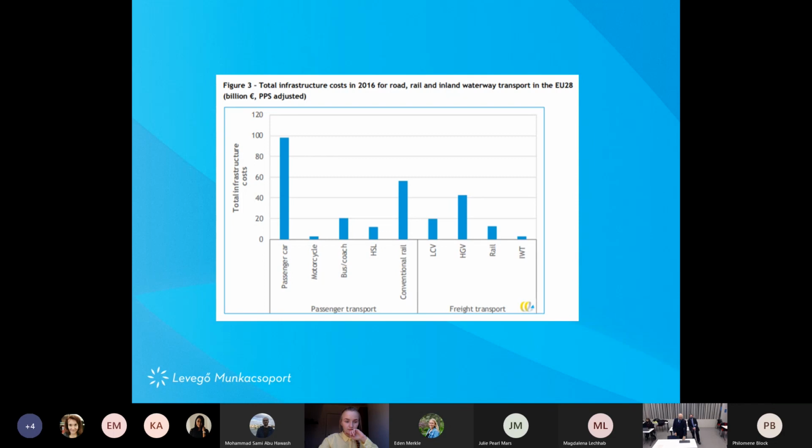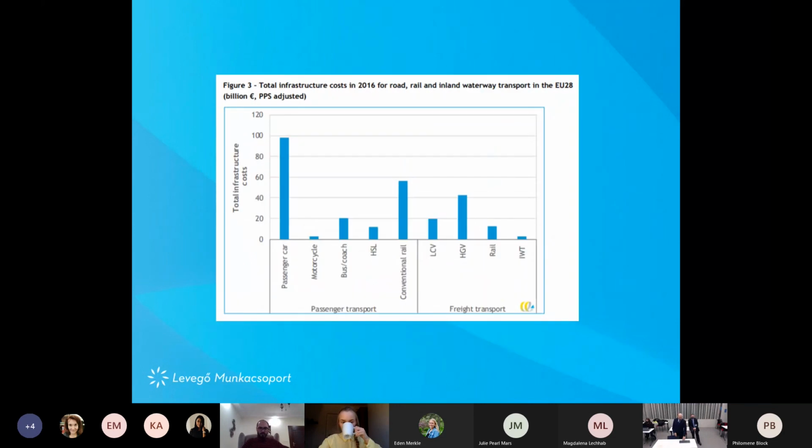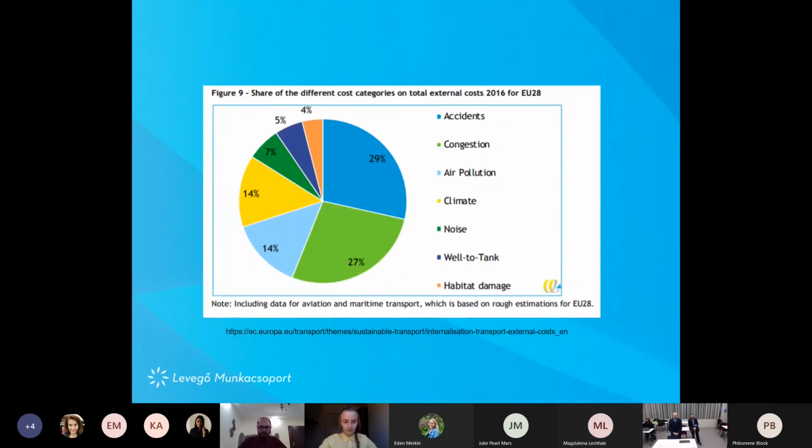And then they also looked at the costs of accidents, congestion, air pollution, climate change, noise, and the well-to-tank costs. This means the production of oil, car manufacturing, and so on, and also the habitat damage to ecosystems.